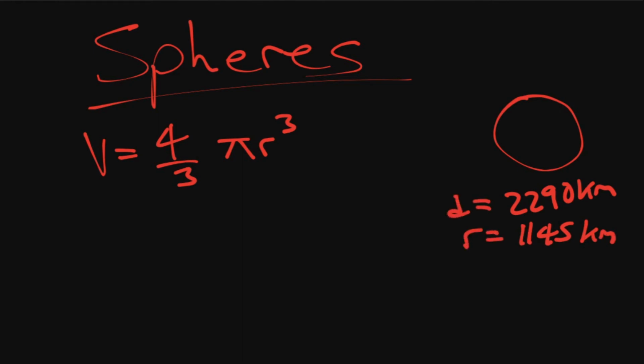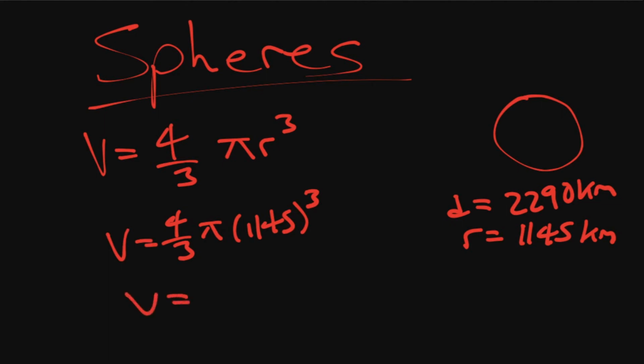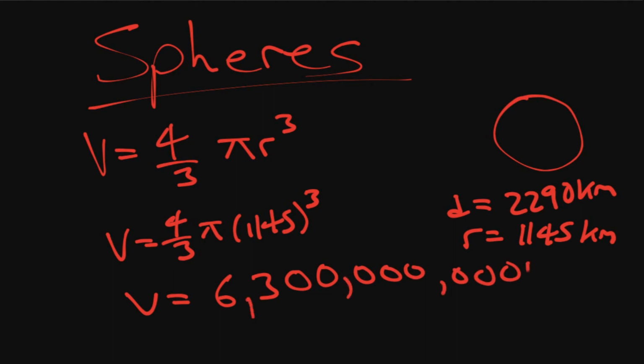It's just half of that. And if I plug that in here, 4 over 3 pi times 1145 cubed, then yeah, you guessed it, it would be 6 billion 300 million kilometers cubed.